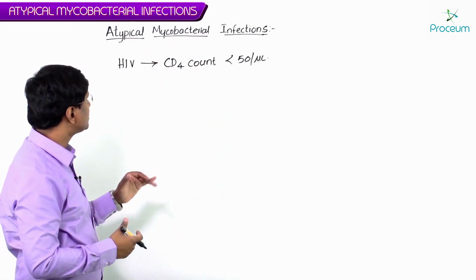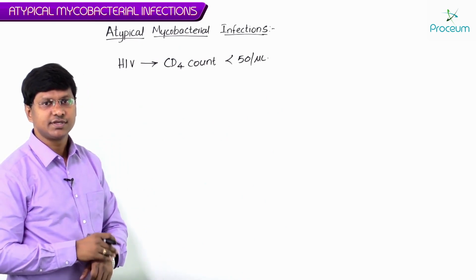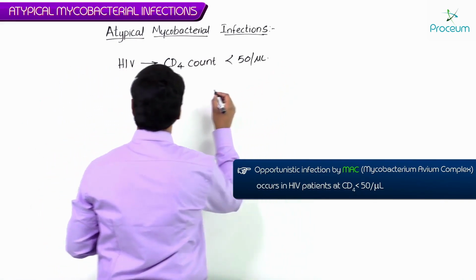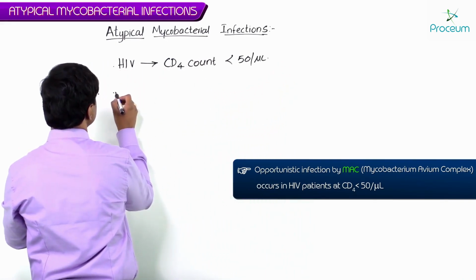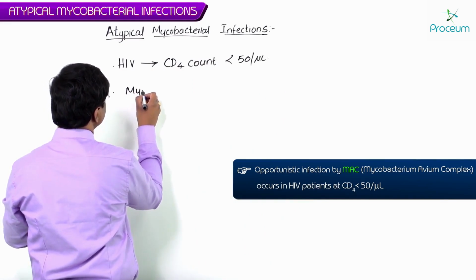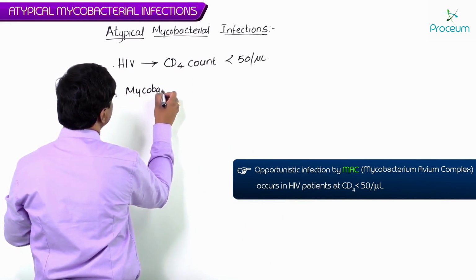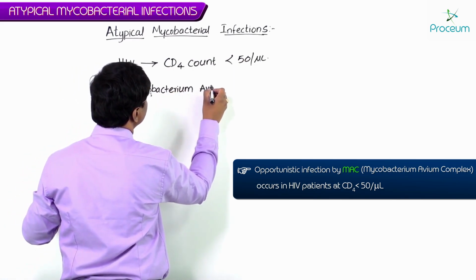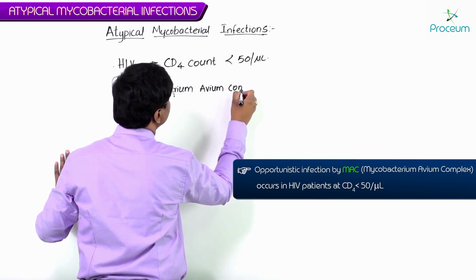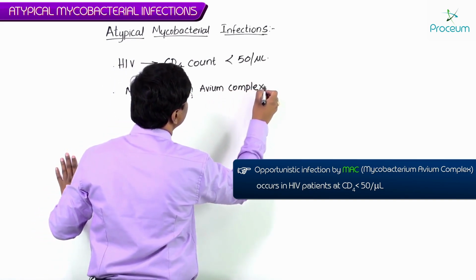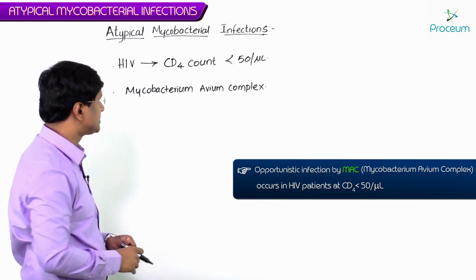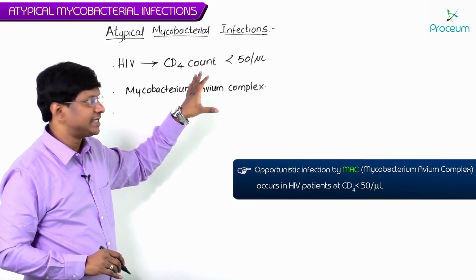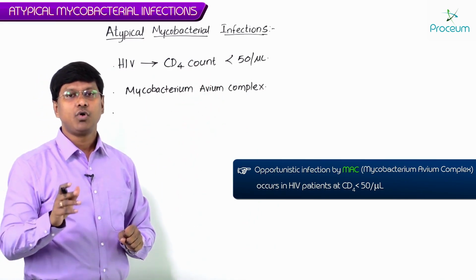So what is that atypical mycobacterial infection? Mainly it is Mycobacterium avium complex.